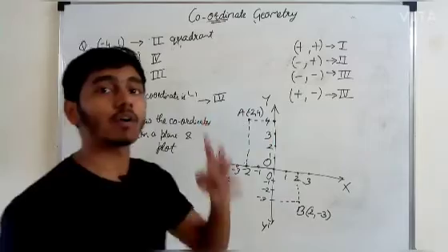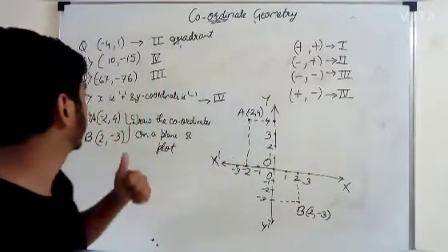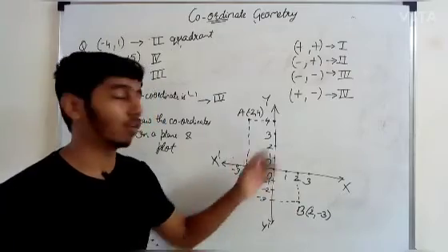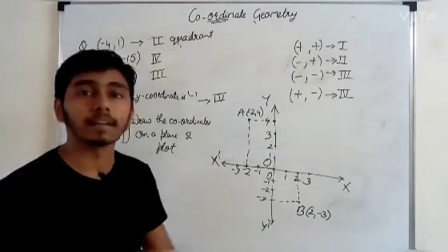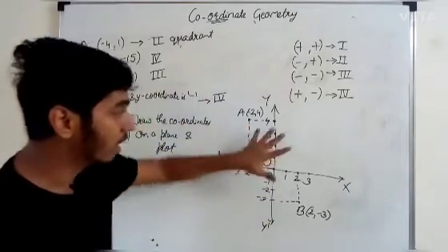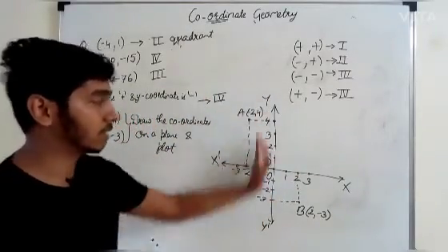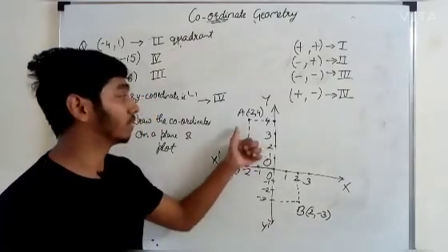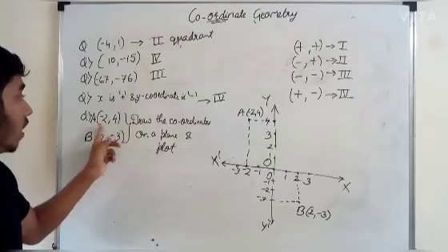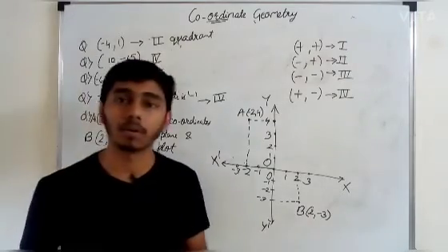There are 4 quadrants. By dividing a plane into the x-axis and y-axis, we tried to locate each and every point as per the given coordinates.